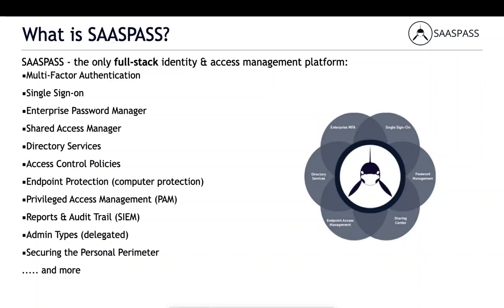So they don't need to know the password, and they will not be providing the password while accessing. SAASPASS will be doing that, but they will be logging in first to SAASPASS. In this case, SAASPASS gives you the full ability to audit those accesses.